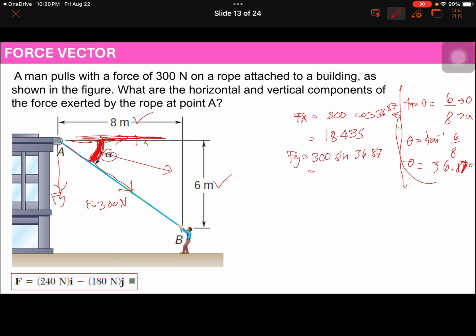Our Fx is 240 Newton. And then Fy is 300 sine 36.87. That's 300 times sine 36.87.